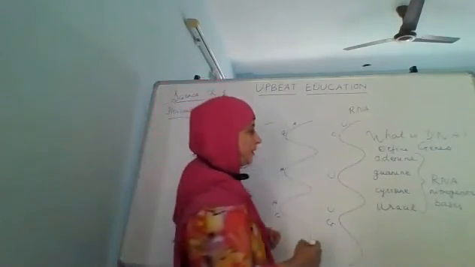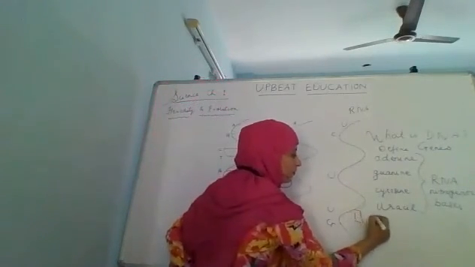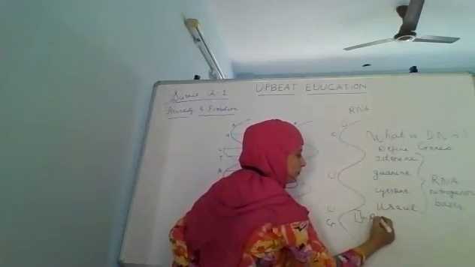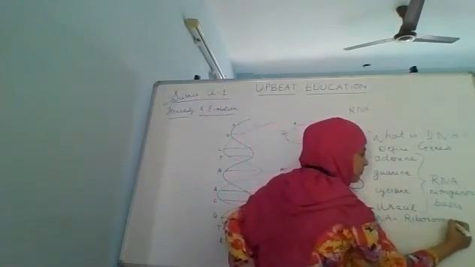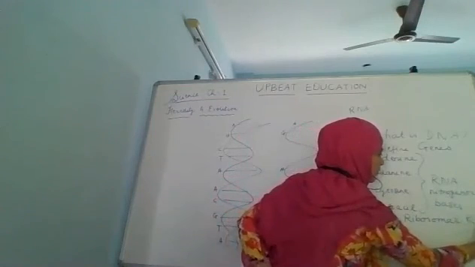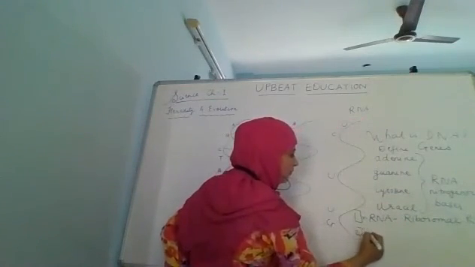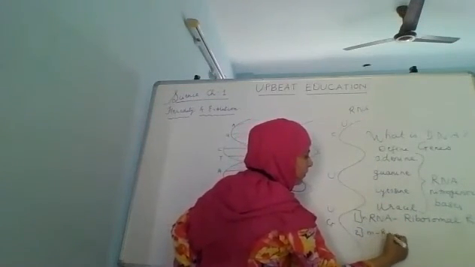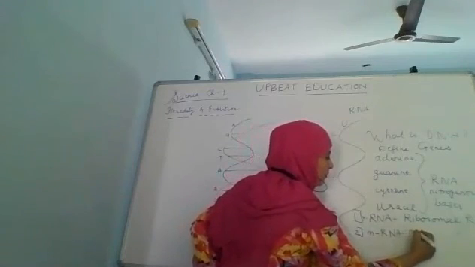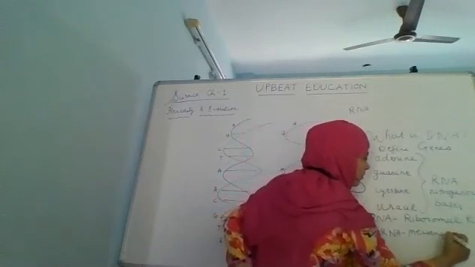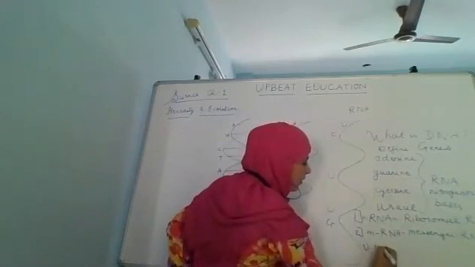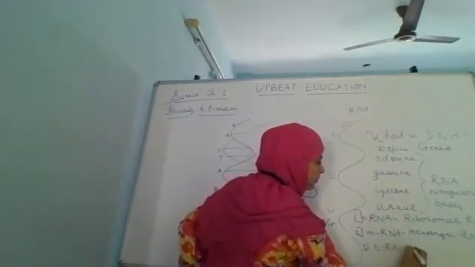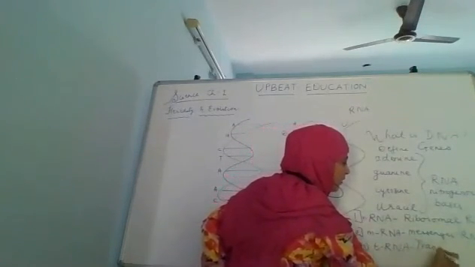You may write it like this. What is the second one? mRNA, messenger RNA. And tRNA, transfer RNA.